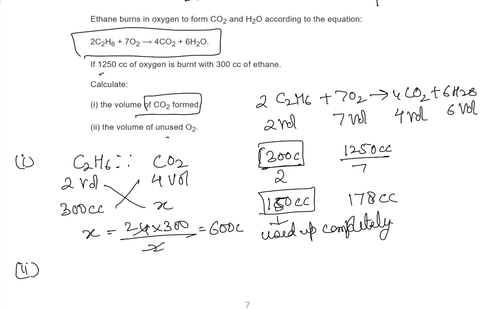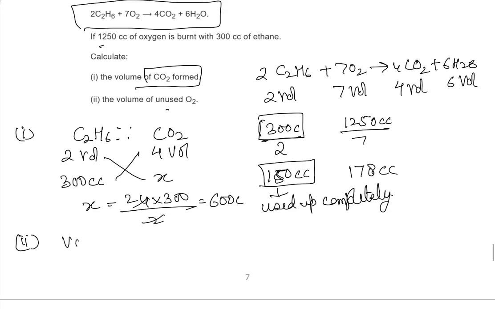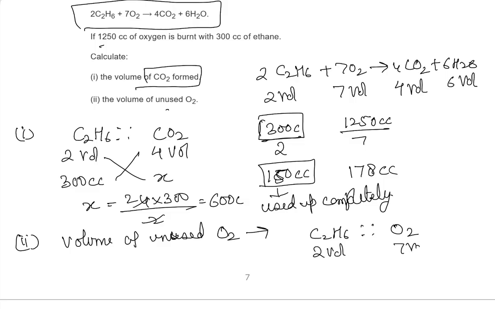The second step is the volume of unused oxygen. For that, you should first calculate how much oxygen is used. So again we'll take the ratio here. C2H6 to oxygen ratio is 2 volumes to 7 volumes.